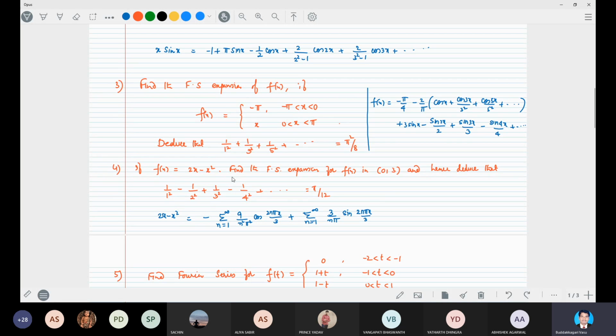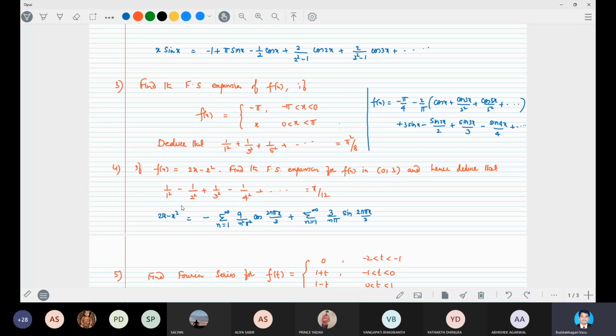In the same way, you have to write the Fourier series expansion in any general interval of length 2l. The 2l length interval is of the form 0 to 2l, right? 2l is equal to 3, l is equal to 3 by 2.